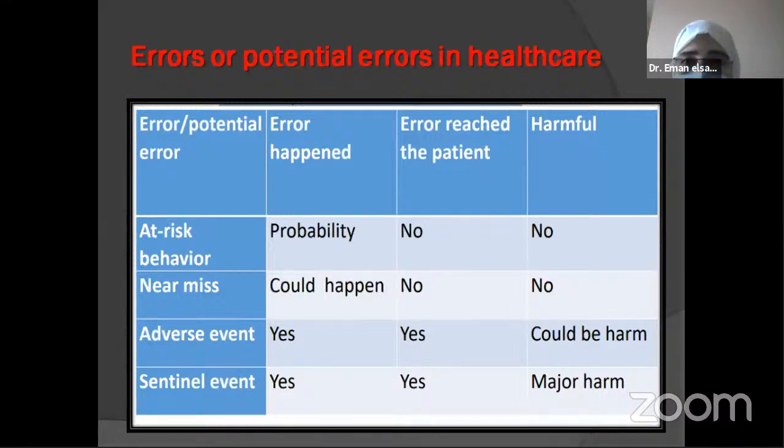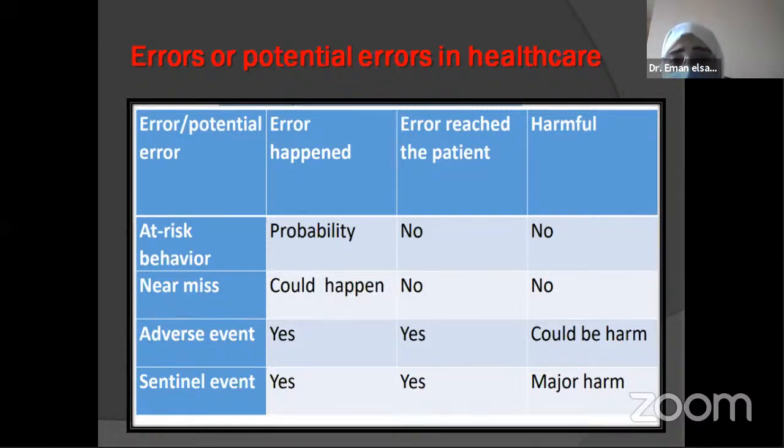Error or potential error in healthcare, as we already discussed: at-risk behavior, near miss, medication error, or sentinel event. This is the classification for whether the error happened, reached the patient, and caused harm. For at-risk behavior, there is a probability that an error may happen or not.